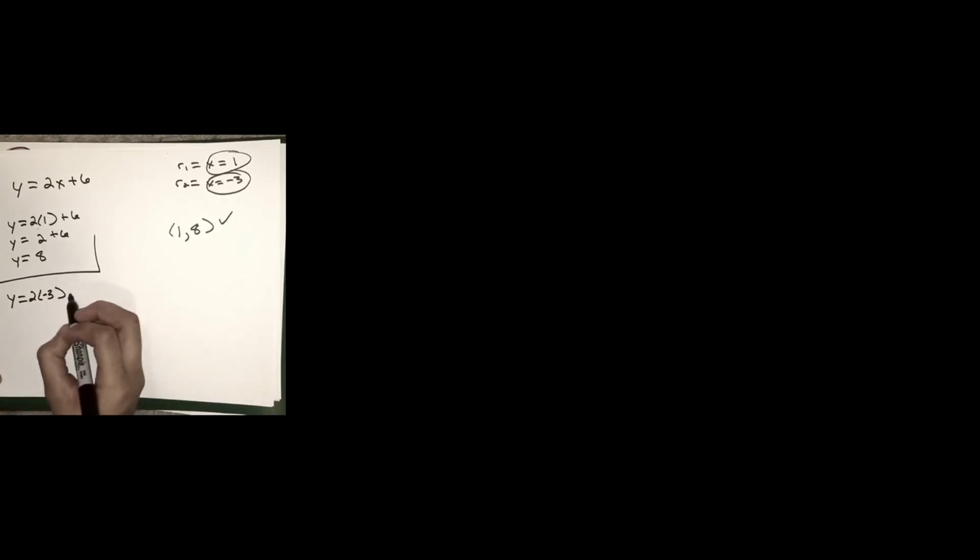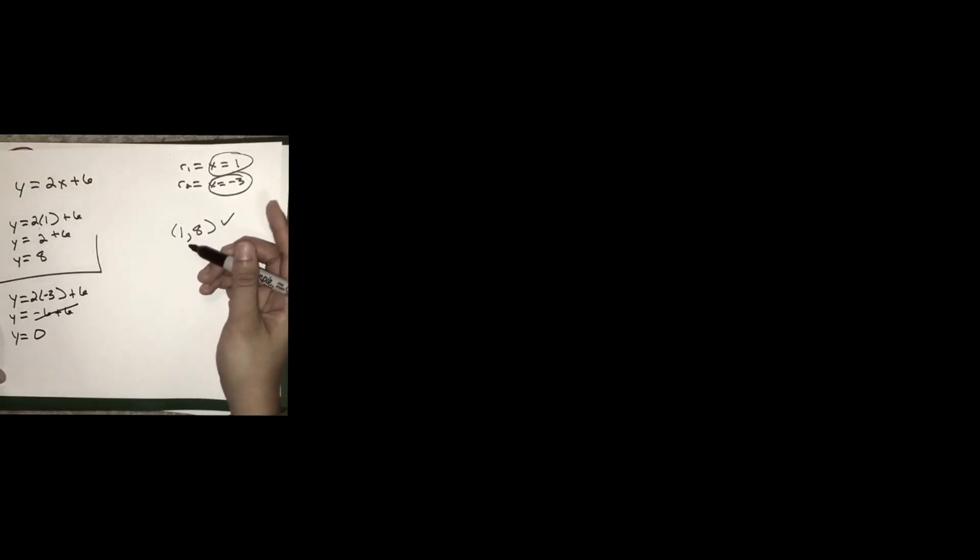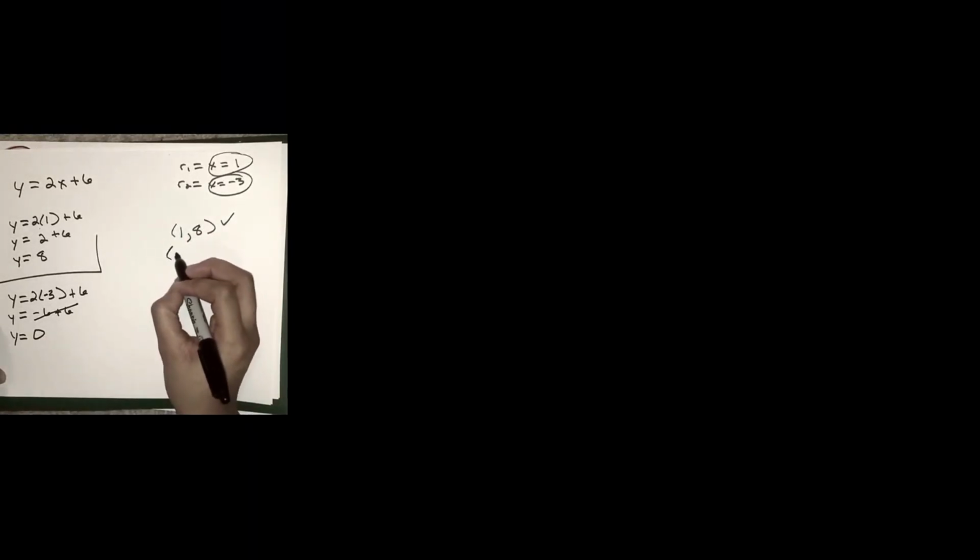So y equals 2 times negative 3 plus 6. y equals negative 3 times 2 equals negative 6 plus 6. And these two would cancel out, so y would just equal 0. So the second point or solution would be negative 3 and 0.